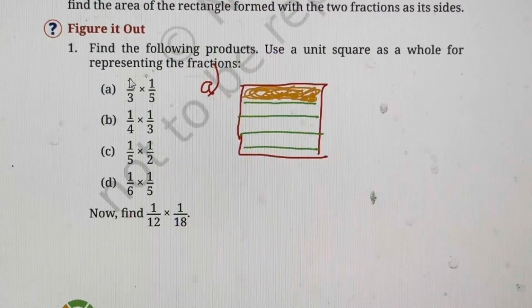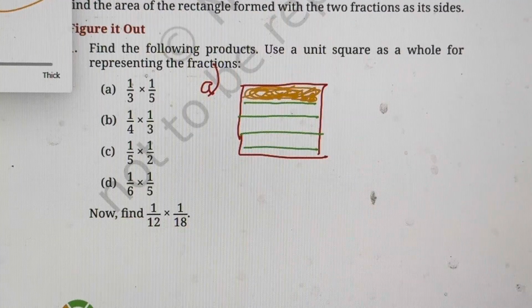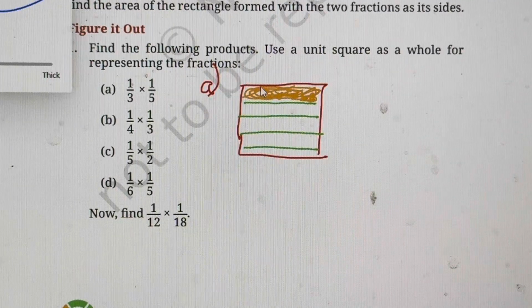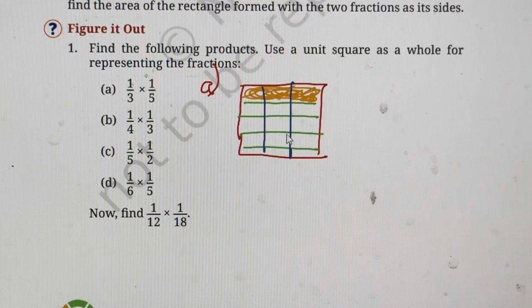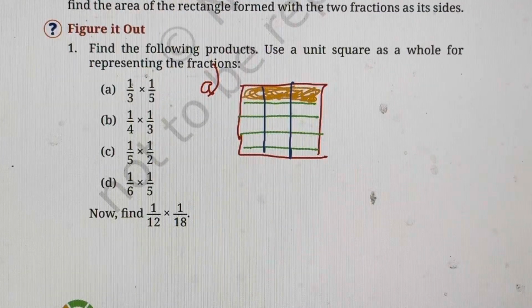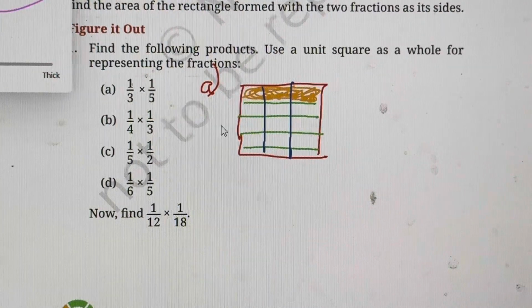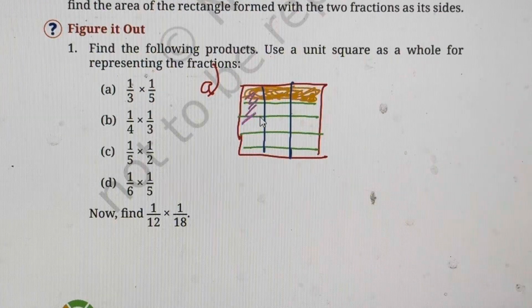Now the second fraction is 1 upon 3. This denominator shows how many columns we need. So we draw 2 standing lines and we get 3 columns: 1, 2, 3. Let me use a different color. This represents 1 upon 3, and this represents 1 upon 5.